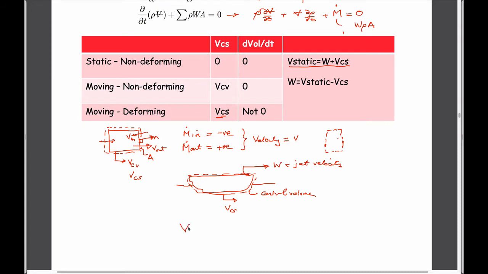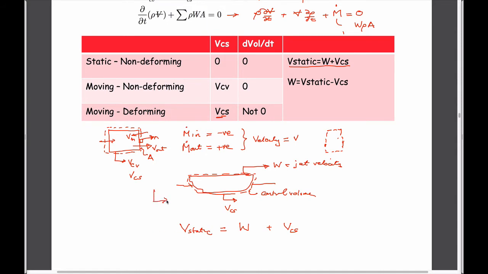It says that V static is equal to the jet velocity plus the velocity of the control surface, right? Makes perfect sense. We're squirting out at 1 meter a second. The boat's going at 2 meters a second. 1 meter plus 2 meters is 3 meters. That's exactly how fast we'd see the water going to a static observer.